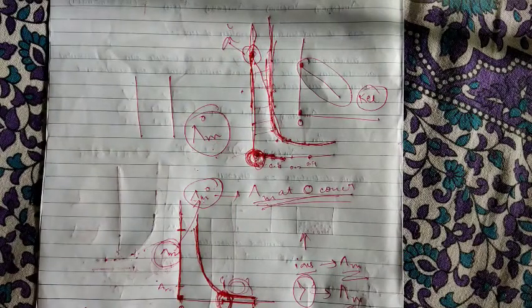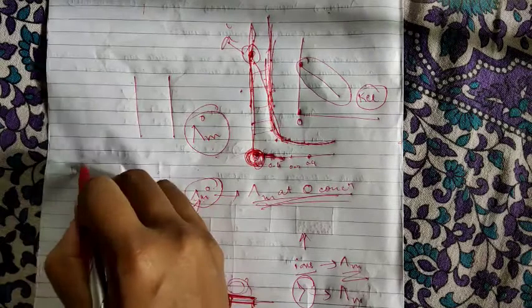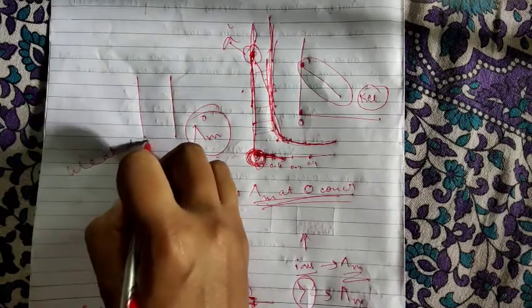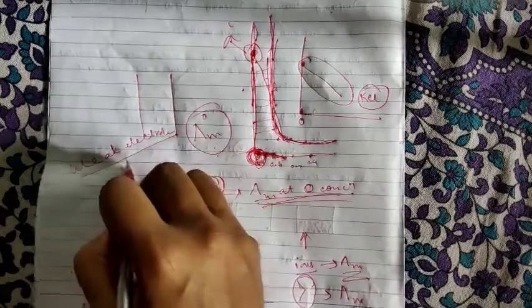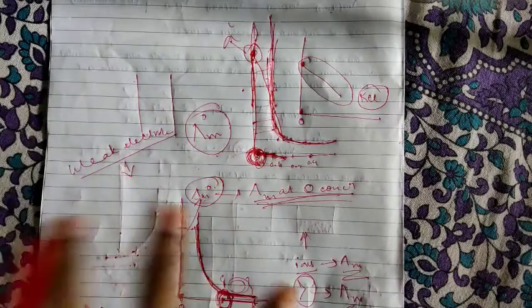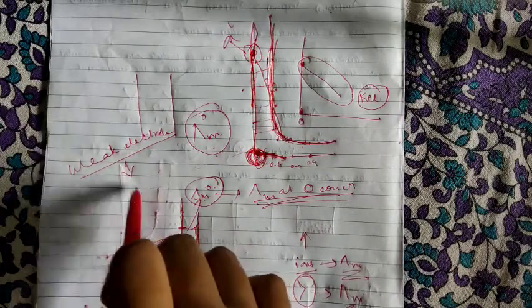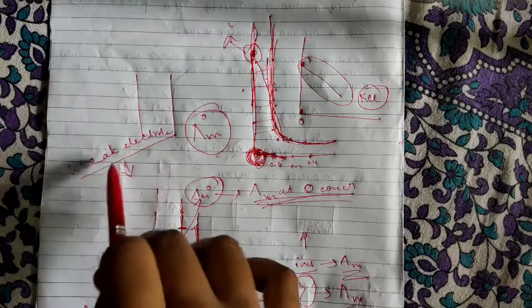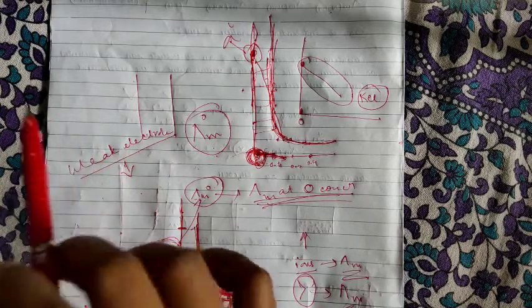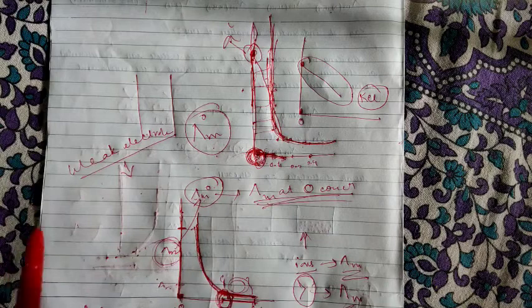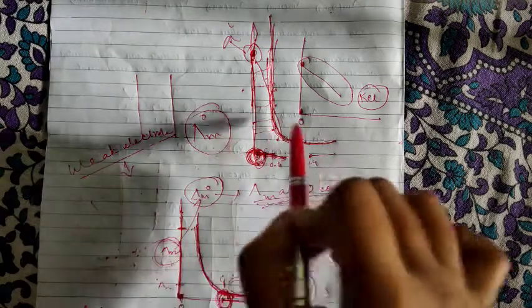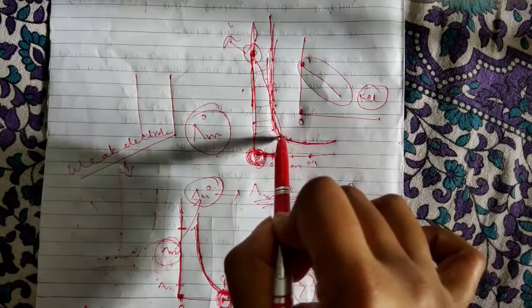Another very important thing I want to tell here: I have already mentioned that weak electrolytes will not dissociate easily, right? Only when you add so much water will weak electrolytes dissociate, and that too up to a certain amount. When you were adding water here, it was dissociating.